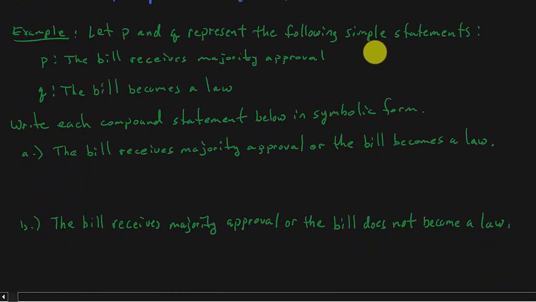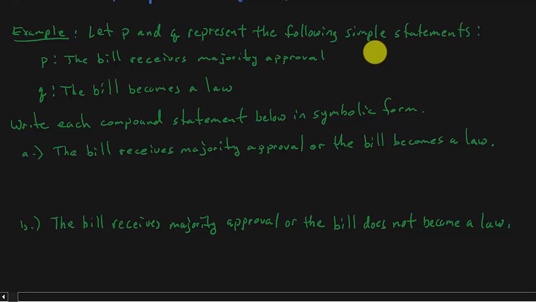Let P and Q represent the following simple statements. The bill receives majority approval, that's statement P. Statement Q, the bill becomes a law. Write each compound statement below in symbolic form.